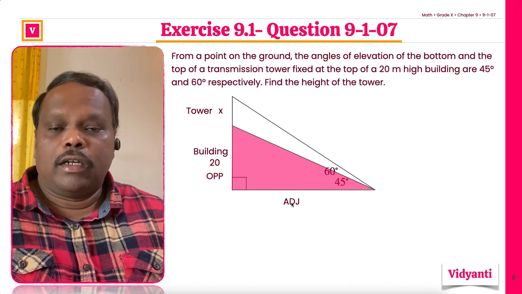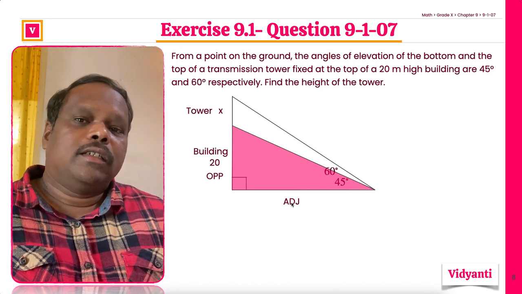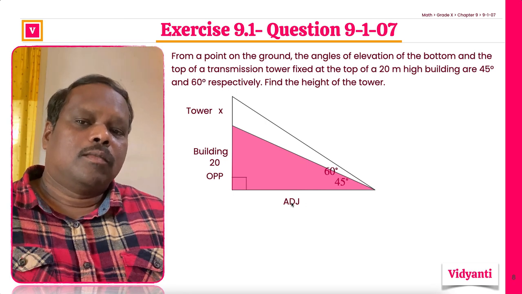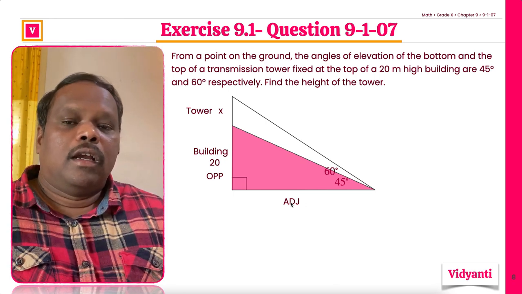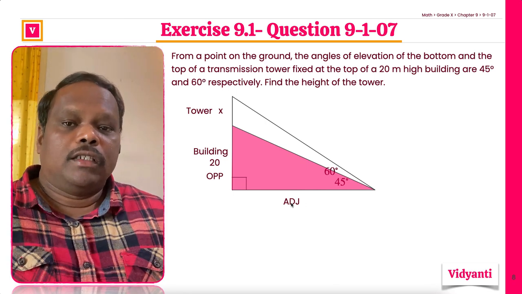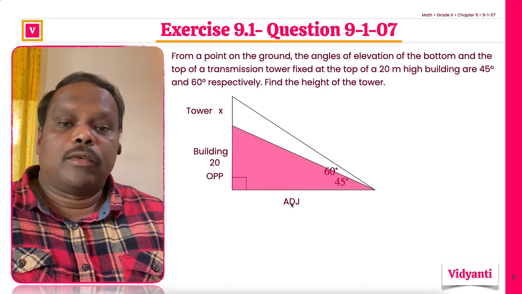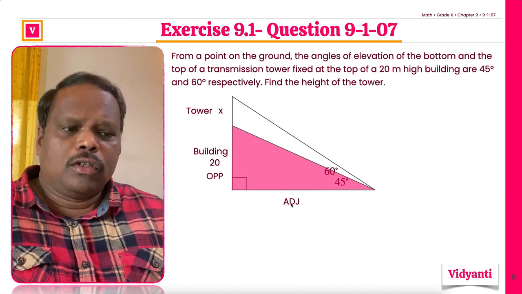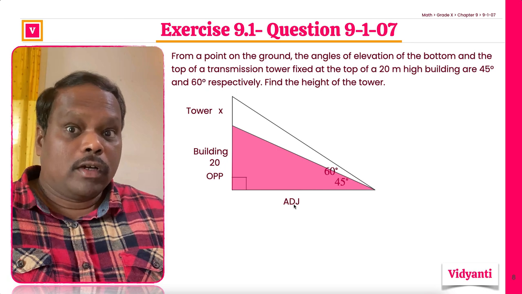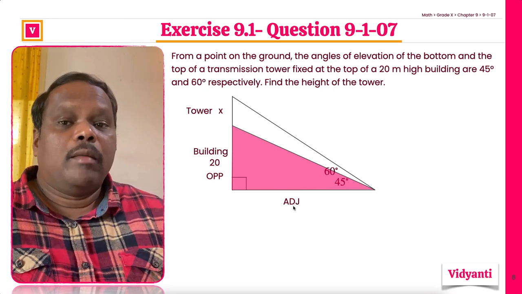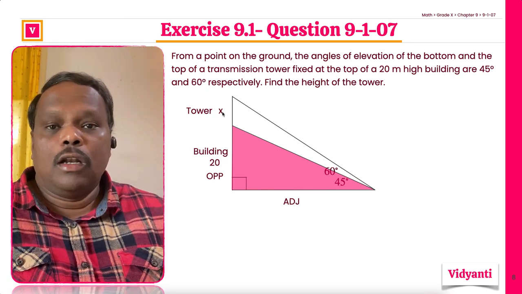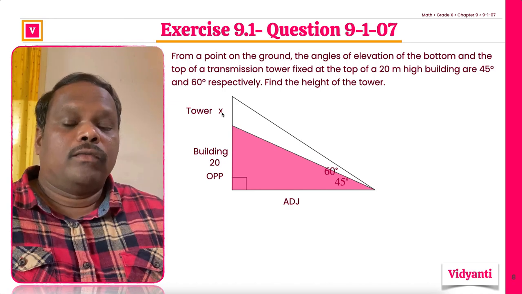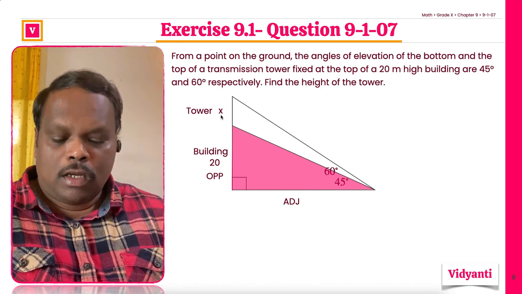Why are we finding the adjacent? Because this adjacent is common between the smaller triangle and the bigger triangle. And if we know the value of adjacent, we can use that for subsequent analysis. So even though getting the adjacent is not our primary question, it will help us in actually finding out the unknown in the second half of this same solution.